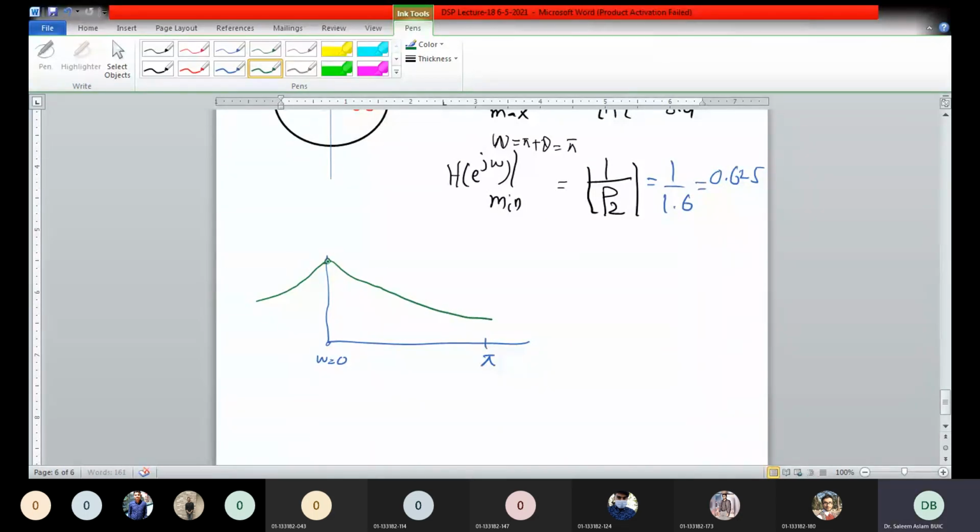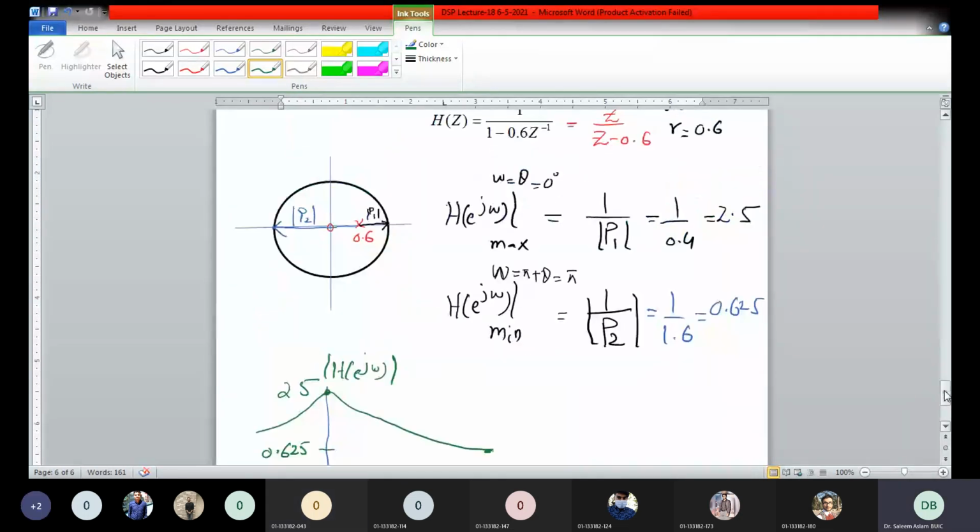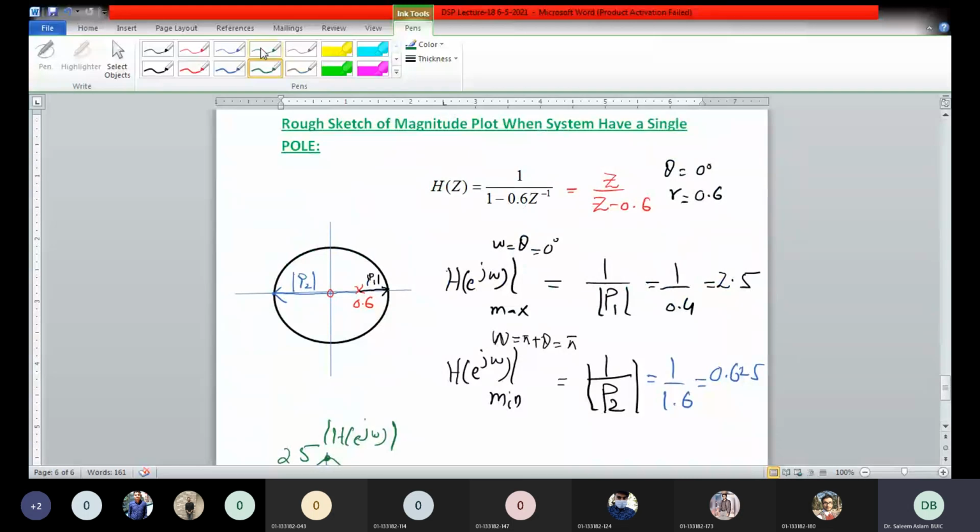So it is 2.5, and at π its response would be 0.625. So this is your |H(e^{jω})| versus ω. Clear, beta? Yes, sir.